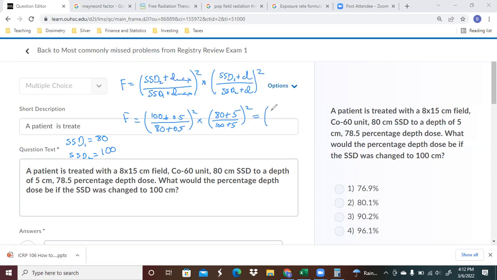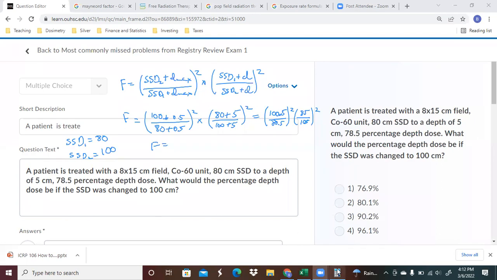So this ends up being 100.5 times 80. Then over here, it'll be 85 over 105. So we should end up here.